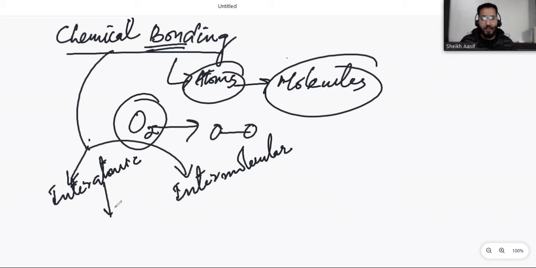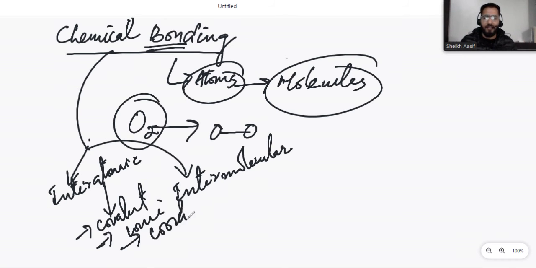If we go further into interatomic, it can be covalent, ionic, or coordinate. Coordinate is basically a covalent bond only, but I will discuss it later on. Another one is the metallic bond. These are all interatomic bonds.